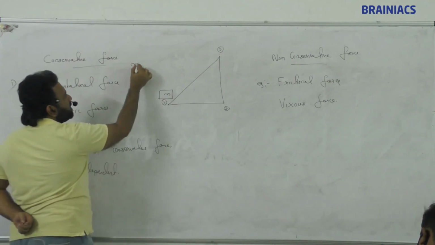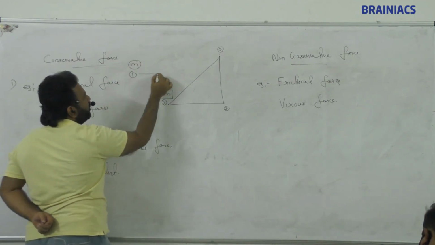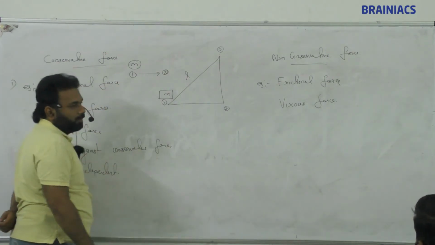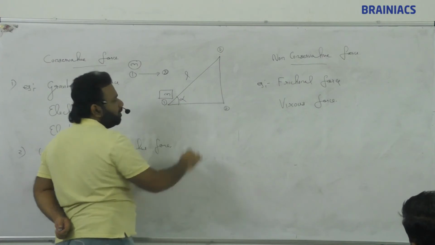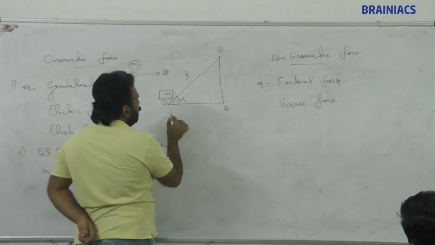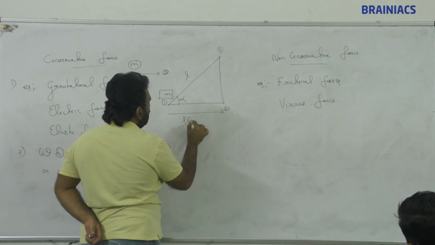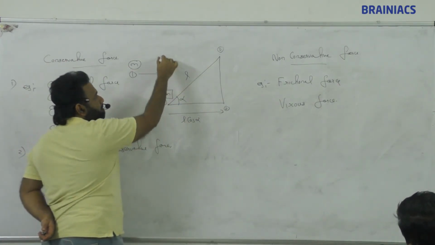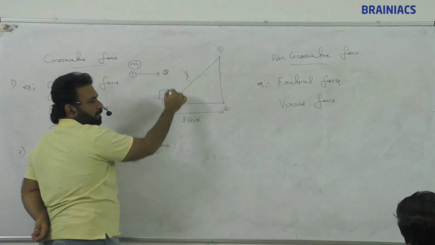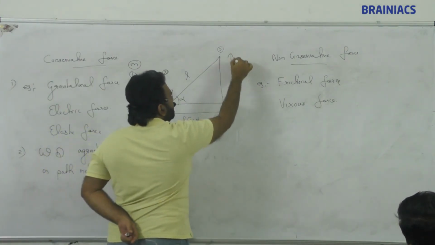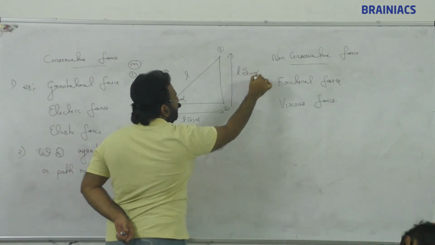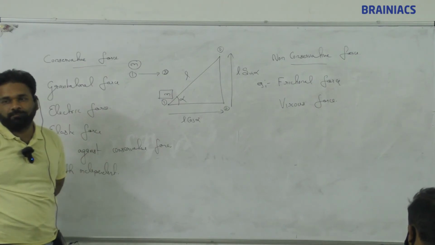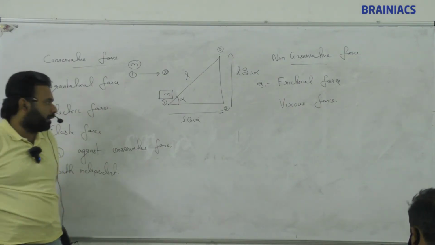Suppose this length is L and this angle is alpha. Can I say this length is L cos alpha? And what is this length? Can I write this as L sin alpha? Any confusion? Clear? Okay, done.